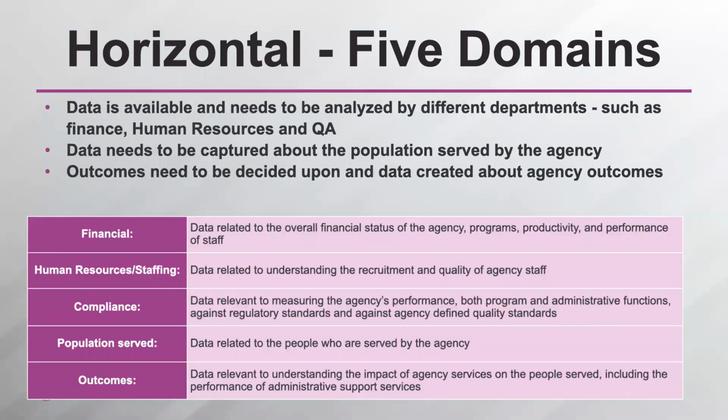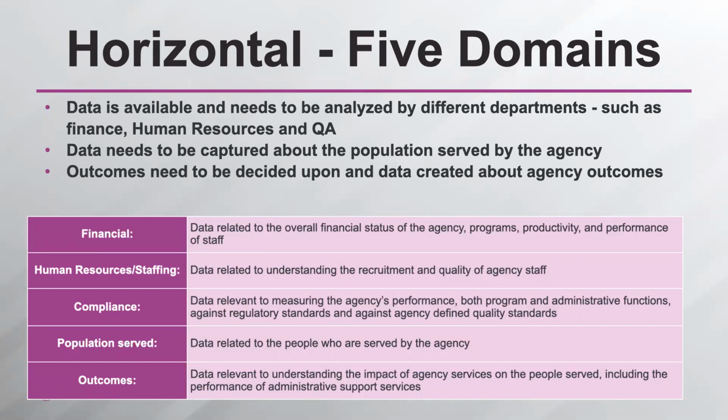And then horizontally across the agency, we're going to be looking at data that falls into these 5 different areas. The departments that often have hard data are finance, human resources, and compliance, as they've described. But if we're going to have a balanced approach, we also need to add in data around the people being served by the agency and the outcomes that the agency can demonstrate externally.